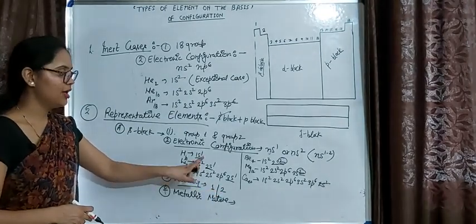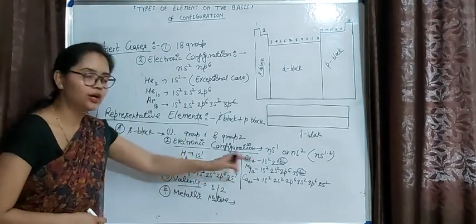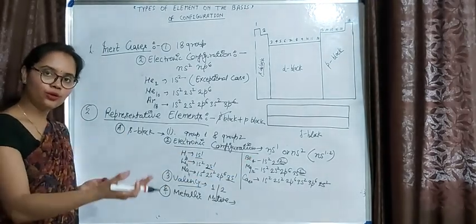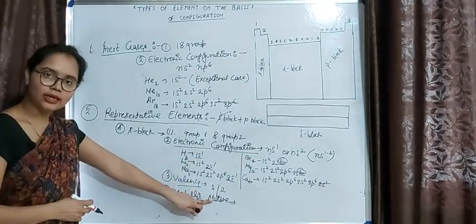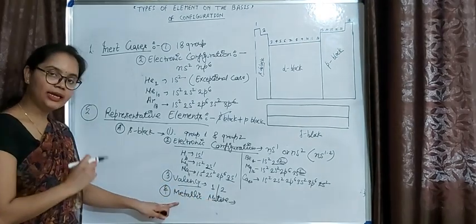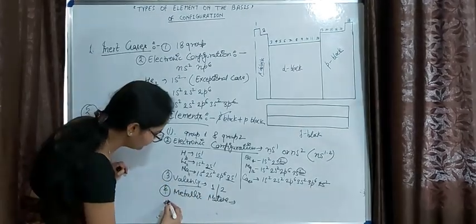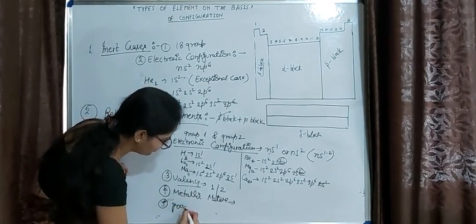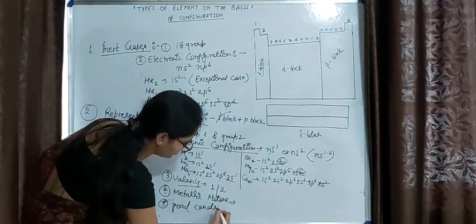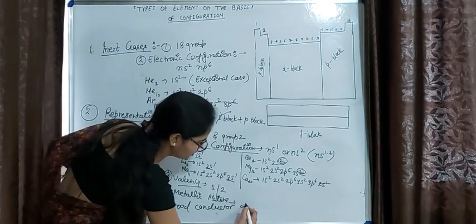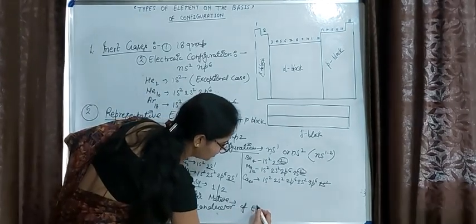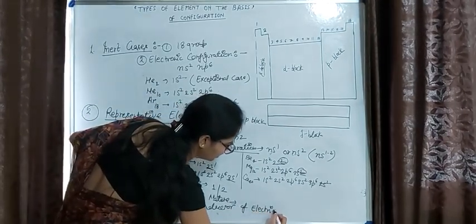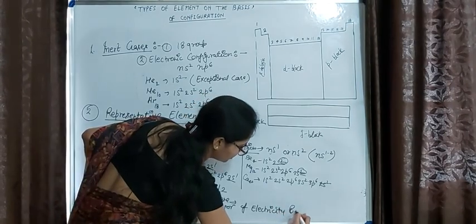Or you can say because they have 1 or 2 electrons which they can easily donate, so they will show metallic nature. And as they are metallic in nature, they will definitely be good conductors of electricity and heat.